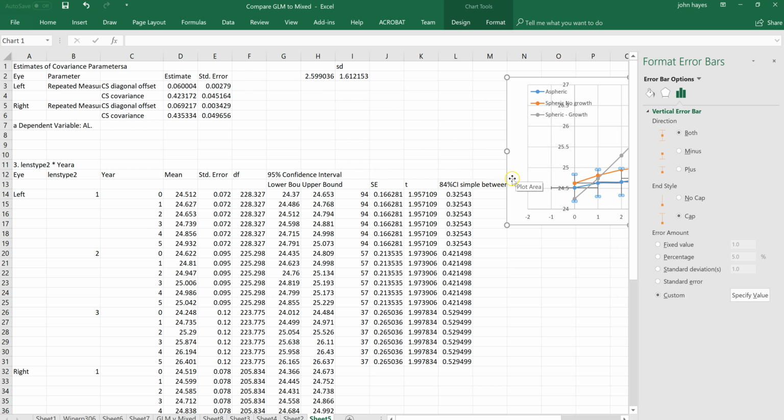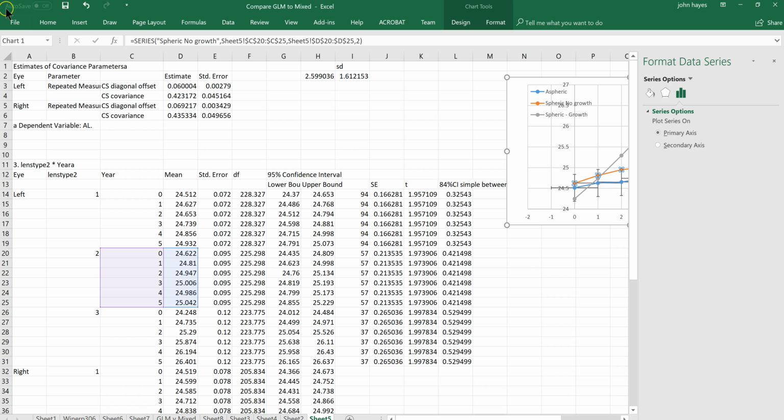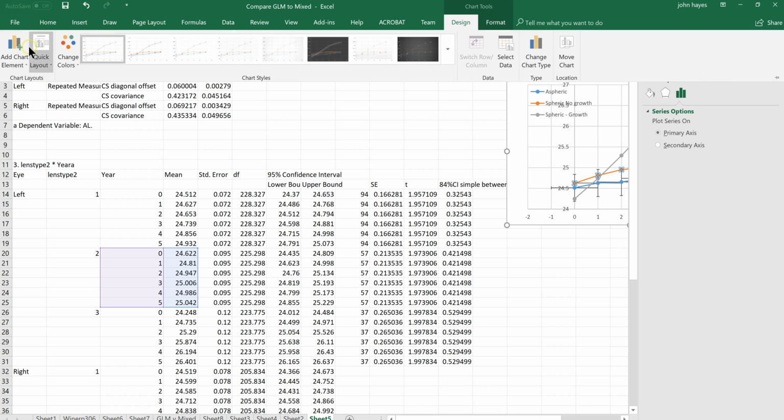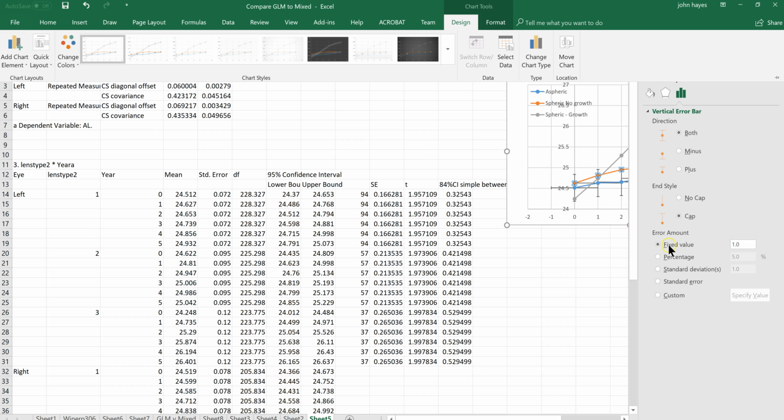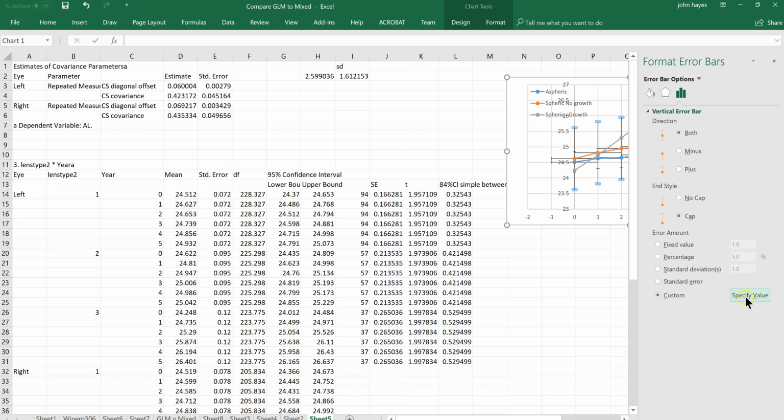Okay. And then we'll go to this one. Design, add a chart element, error bars, custom, specify values. The 42s.